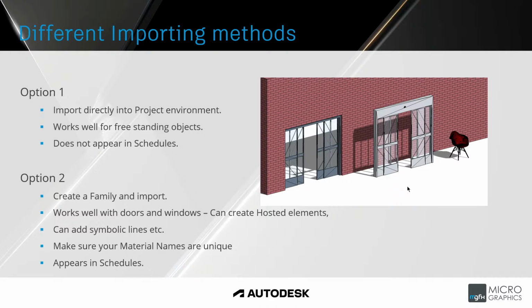In your project you click import, and you import the content, I'll show you now. It works well for freestanding objects, like that chair. For interior designers, it's just a component that you place and you carry on. For interior design, that works well.